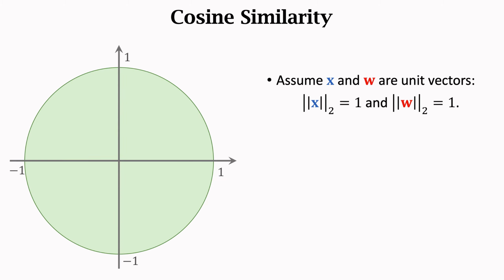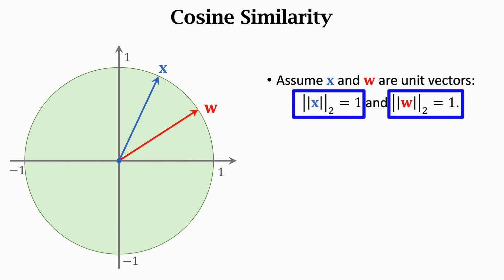Let's first revisit some math basics. Cosine similarity can measure how similar two vectors are. In this example, there are two vectors, x and w. They have unit length, that is, their L2 norms are equal to 1.